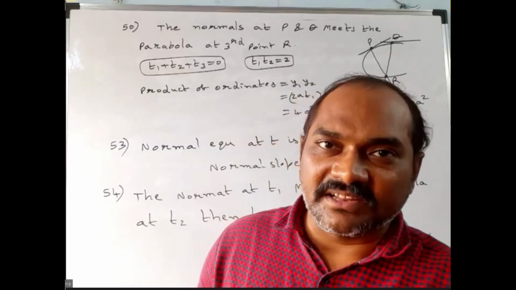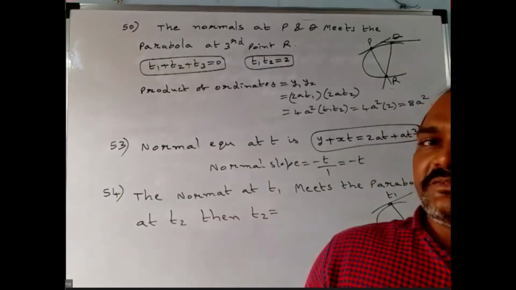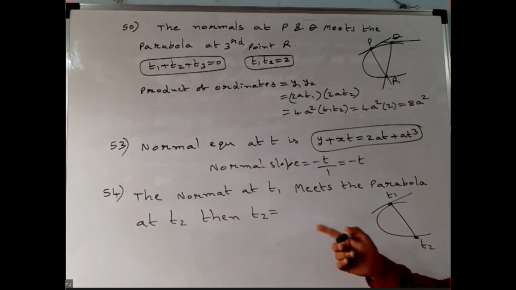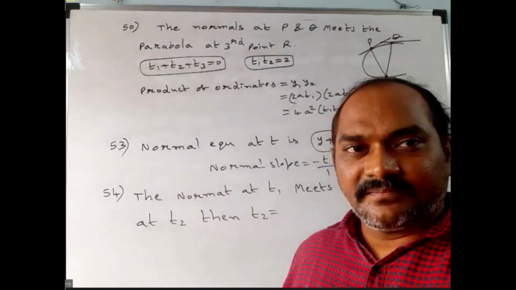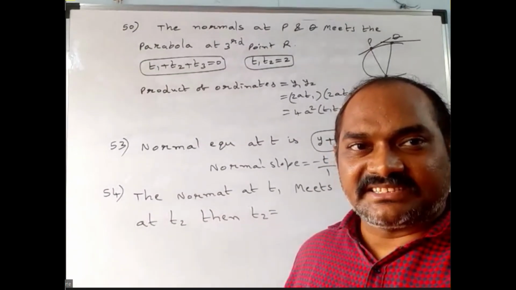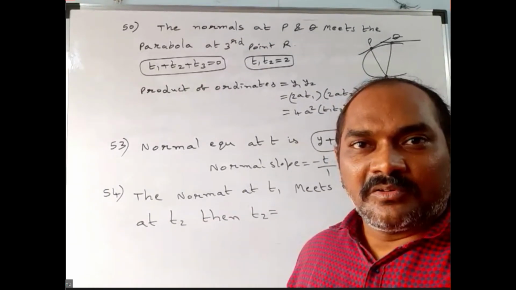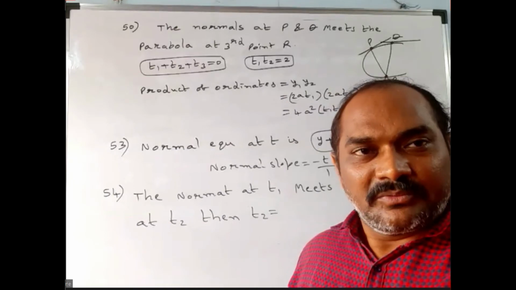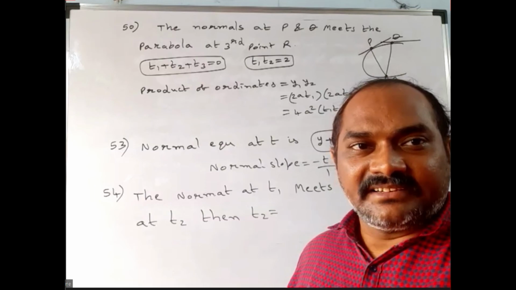What is the answer for T2 is equal to? Look at today's synopsis point. What about T2? Formula. Emma, Jayant, Avinash, Rishikesh, Sai Teja, Mohan, Madhav, you know it I think, but you are not saying.